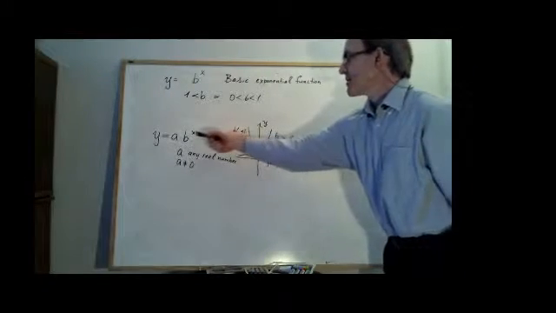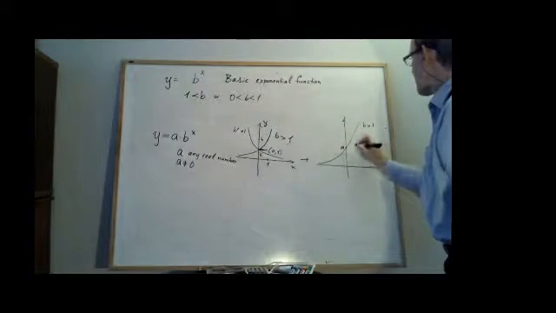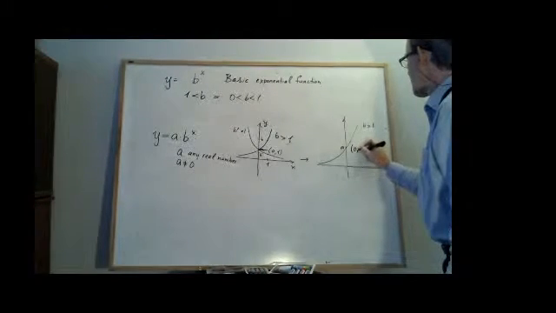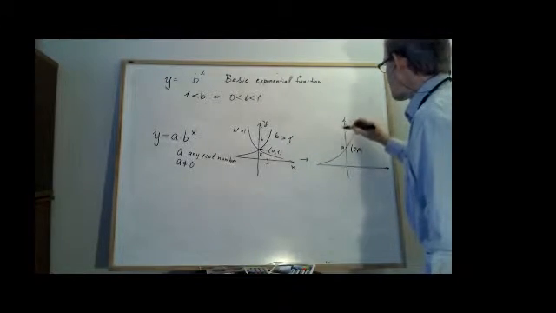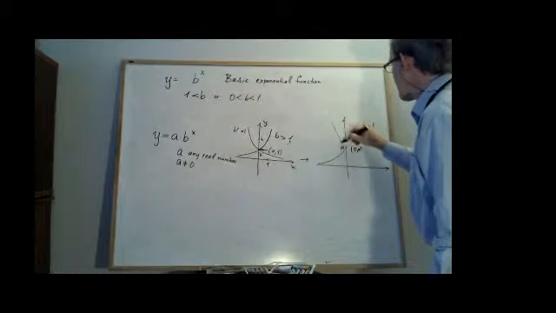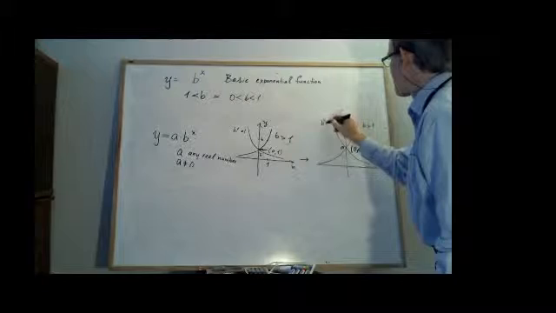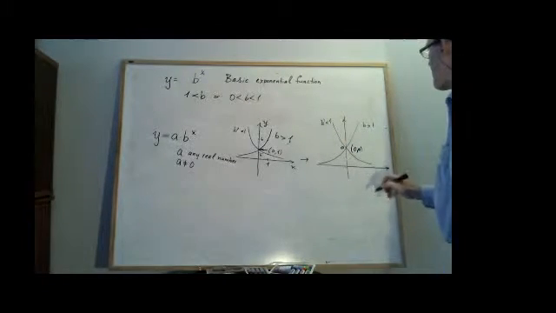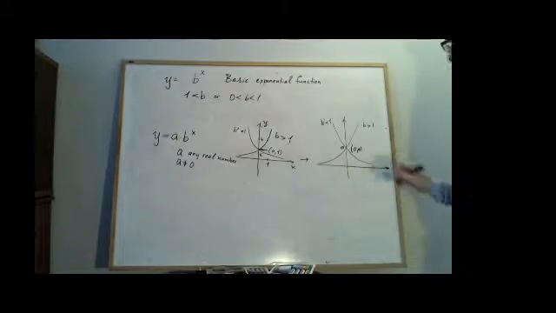So when you plug in x equals 0, this part becomes 1, and now you just get y equals a. And then for b prime less than 1, it'll look like this. Again, both graphs will go through this point 0, a.